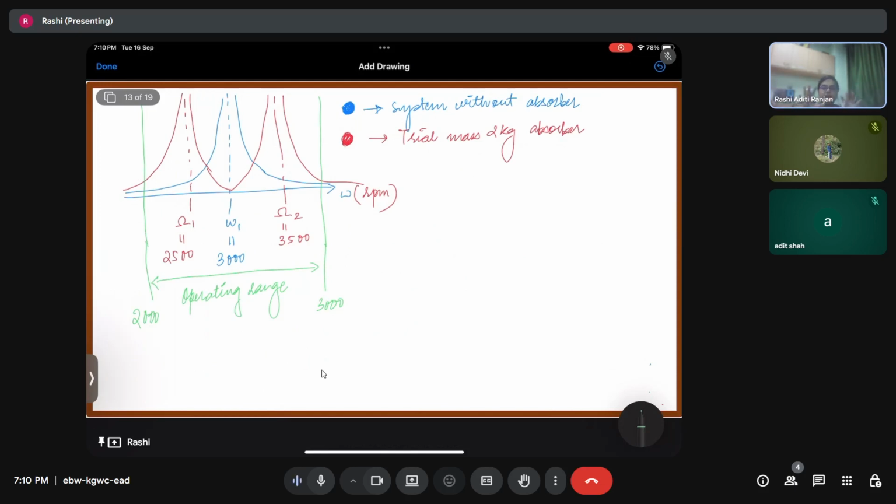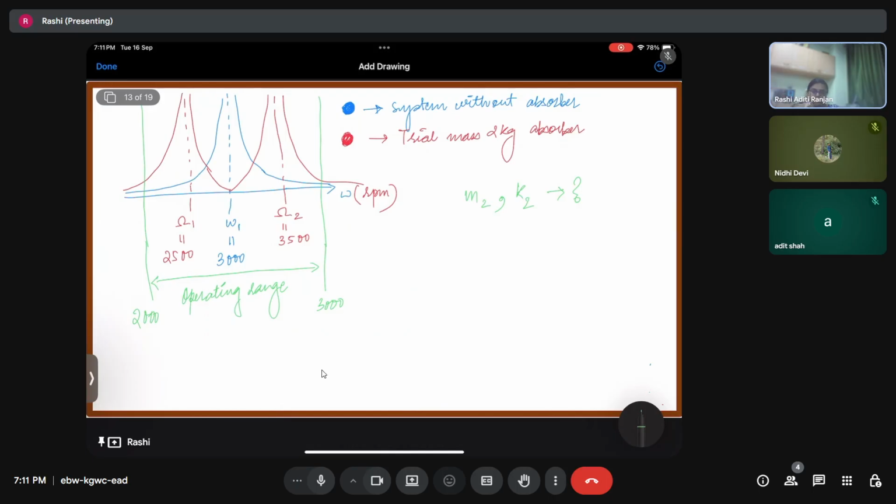In this case, we have the specification of the operating zone, so we need to find out the values of M2 and K2 such that both the peaks fall out of the range. Okay, I hope the question is clear.